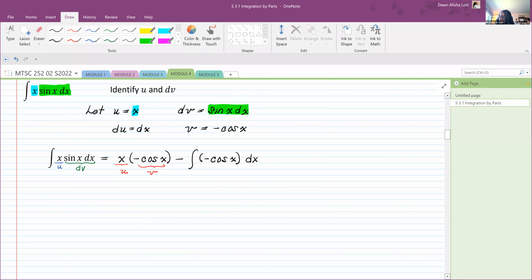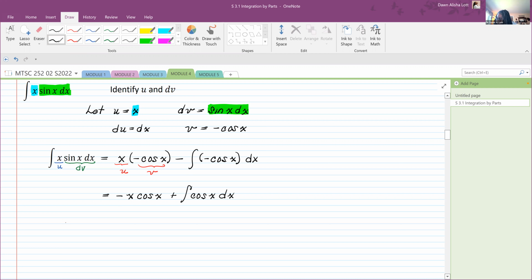Now, this becomes equal to negative x cosine of x minus negative gives me a plus the integral of cosine of x dx, and the integral of cosine is sine.